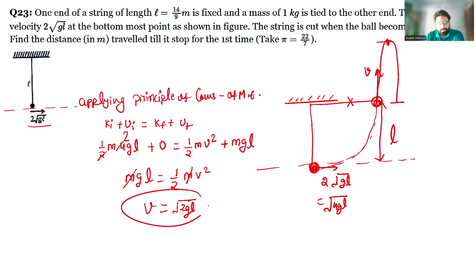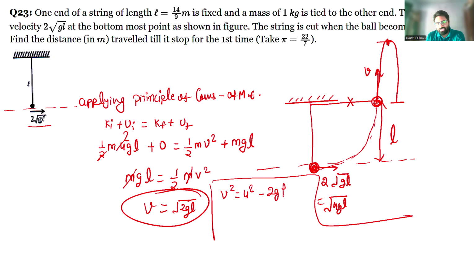So at this particular velocity, what maximum distance in the vertical direction it can cover? So we can apply the equation of motion here, which is v square is equals to u square minus 2gh. Now v will become final velocity, initial velocity is this.